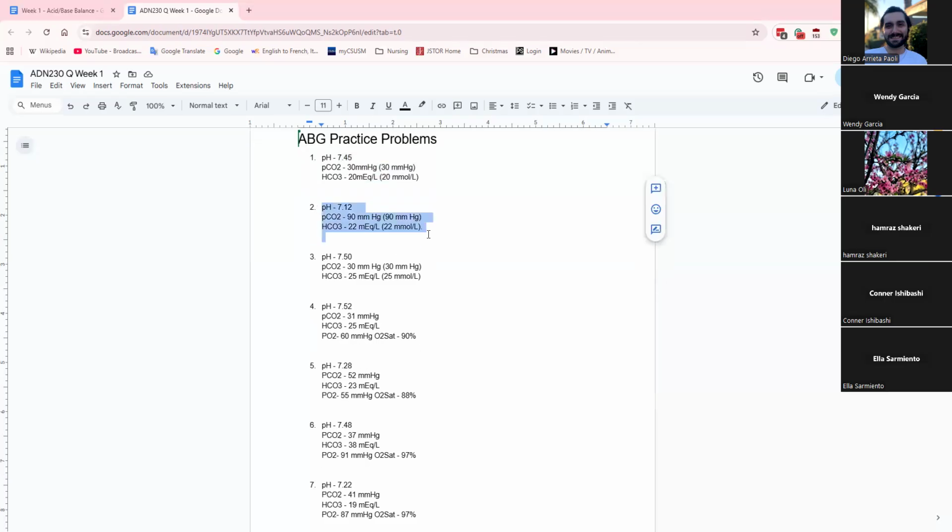So the next one, we have a pH of 7.12. Is 7.12 acidic or basic? Okay, so we have acidic. A PCO2 of 90, acidic or basic, high, low?